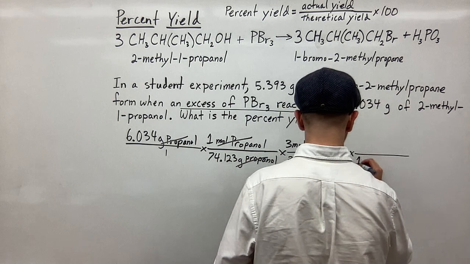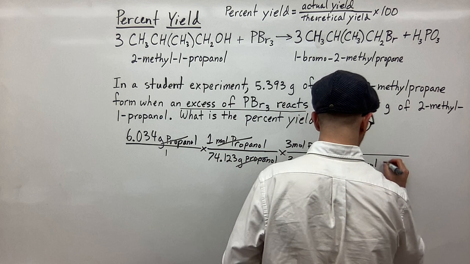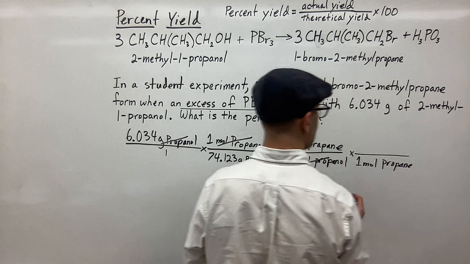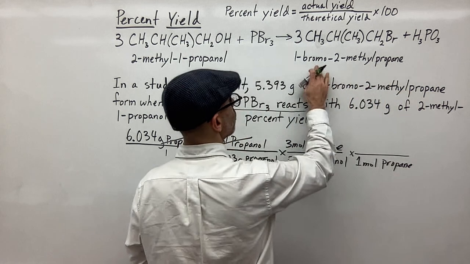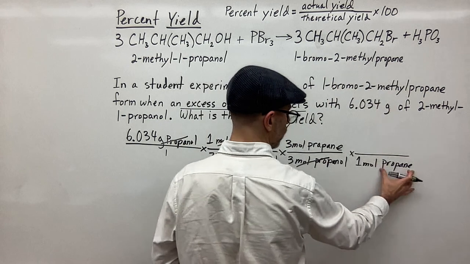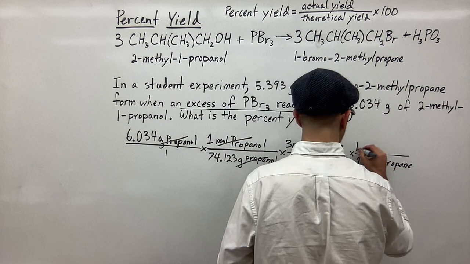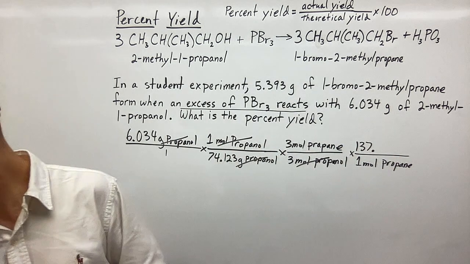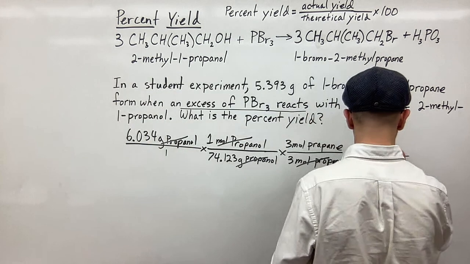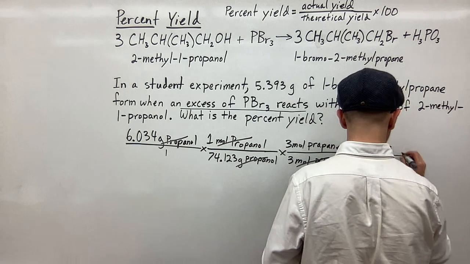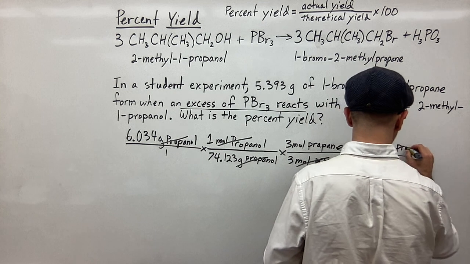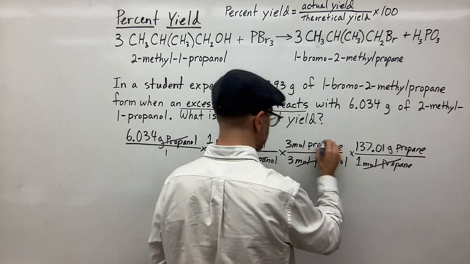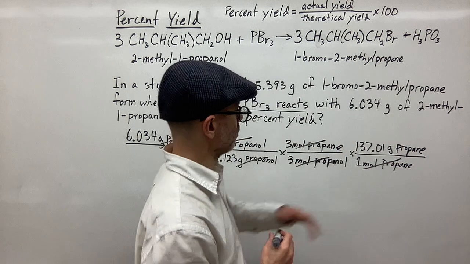So 1 mole of the propane on top, and again, that's going to be the 1-bromo-2-methylpropane. I'm just shortening the name. And that's going to be 137.01 grams of this propane. And so moles of the propane cancel out. That's going to be giving me grams of propane.